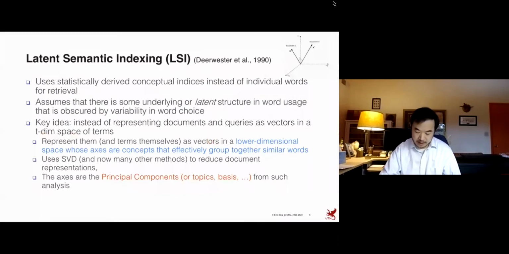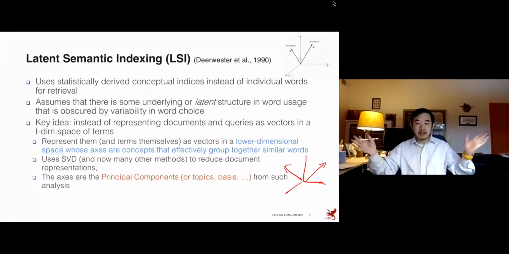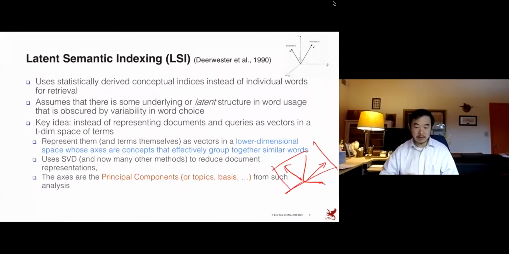Okay, for example, in this case, you can imagine that I have a 3-dimensional original space, but I could identify 2 vectors in here, which could just define a plane that is lower dimensional. And ideally, these 2 dimensions capture the most salient concepts in the entire data set.